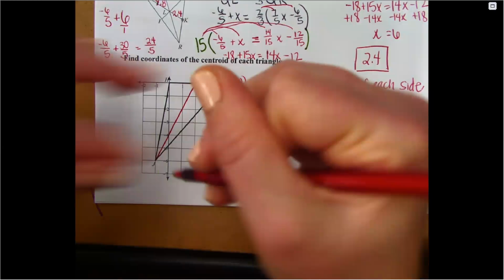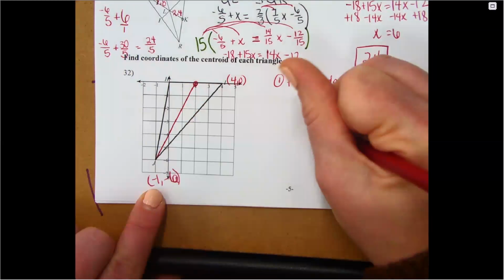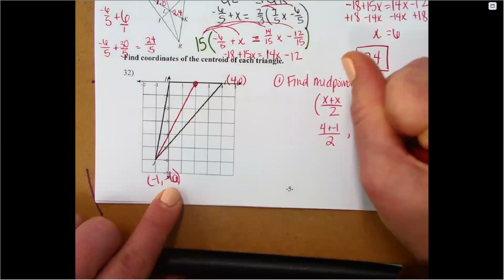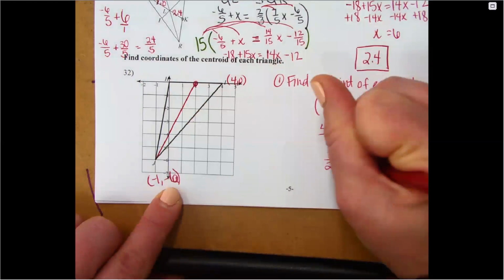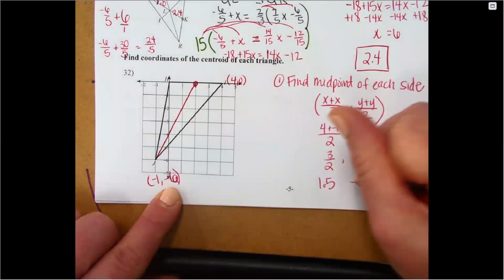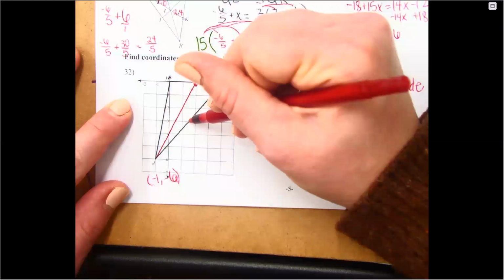Your x's would be 4 plus -1 divided by 2, comma, 0 plus -6 divided by 2. So that would be 3 divided by 2, which is 1.5, and -6 divided by 2, which is -3. So that midpoint is at 1.5, -3. Probably the same spot that I would have picked if I eyeballed it, okay?